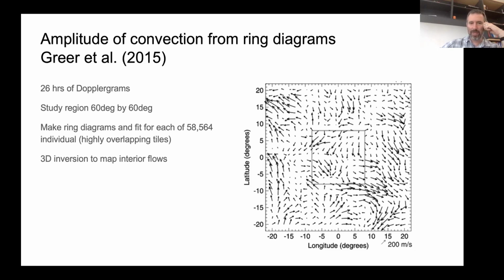So you get measurements on a very dense grid, even though the tiles are highly overlapped, and then stick the whole thing in a 3D inversion to infer the flow field. And the resolution that you get on that is something like the resolution of your spacing between the tiles, rather than a resolution that is like the tile size. So that's an interesting idea.